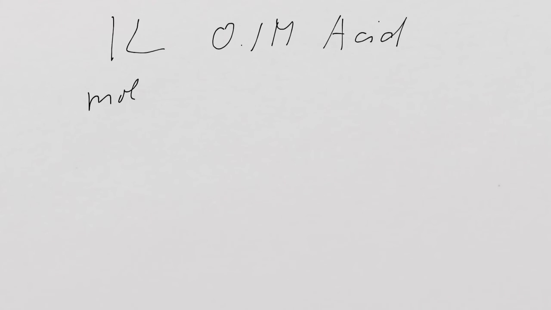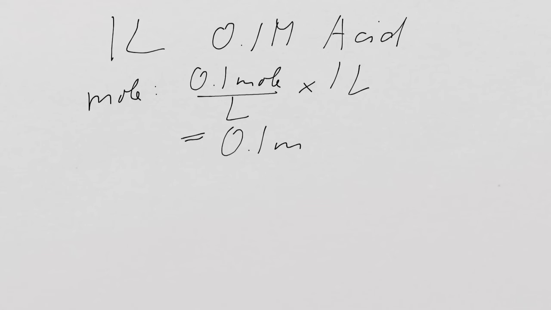Mole, we have 0.1 mole per liter, and we have 1 liter, so that gives us 0.1 mole. And how many millimoles is that? 100. So that's 100 millimole. Oh, look at that. I just chose, by serendipity, the right numbers in the first place where I illustrated that to you.